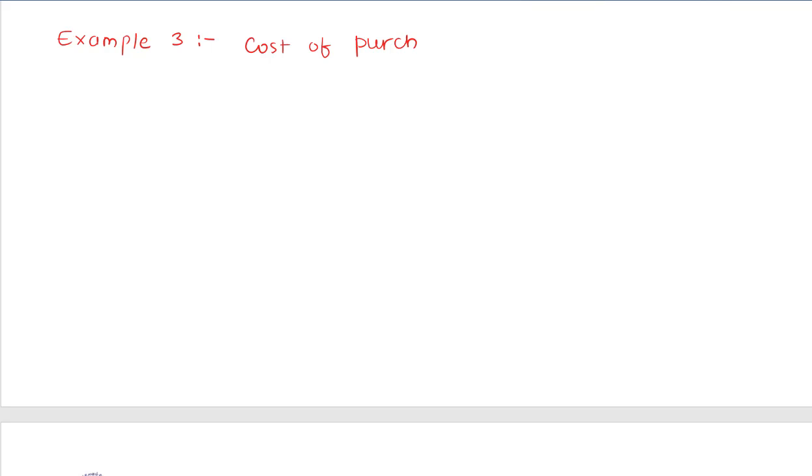Cost of purchase of machine was rupees 1,10,000, including CST at the rate 2%.